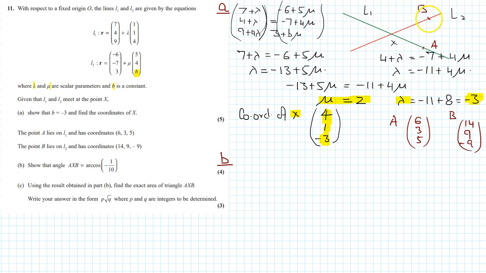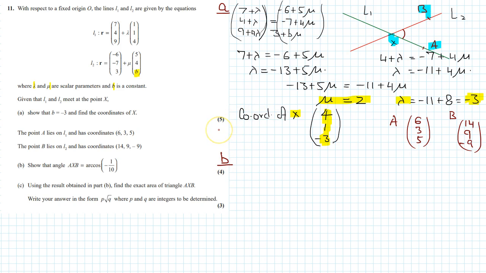So we have this X, this is B and this is A. Show that angle AXB. We have to calculate this angle.